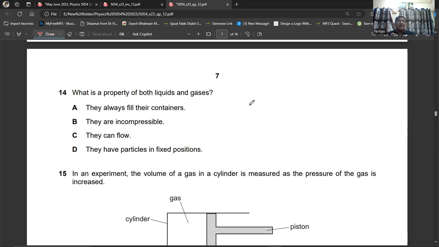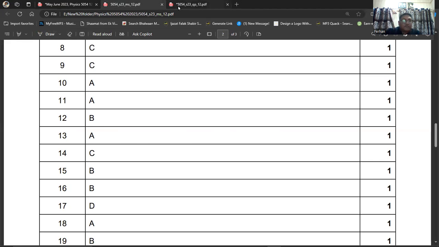No, the liquid is incompressible, gas is compressible. They can flow. Yes, gas and liquid both can flow. That is a property common to both liquid and gases. So C can be the right answer. They have particles in fixed position. No, they don't have particles in fixed position. So question number 14, C is the choice. That's true.